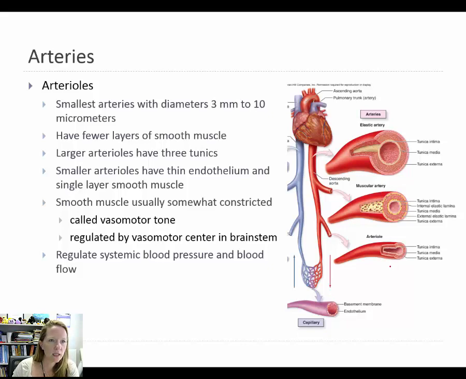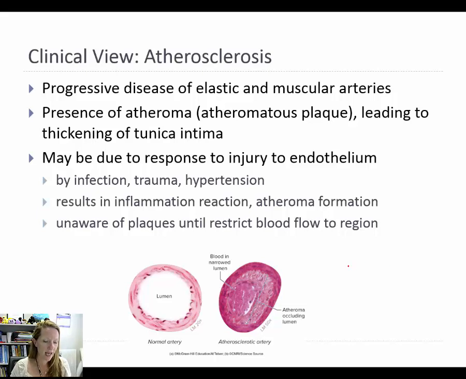One of them is something you guys looked at in a video in the last chapter, and it was talking about coronary artery disease. And coronary artery disease is going to occur because of atherosclerosis. So it can be because of injury to the endothelium.